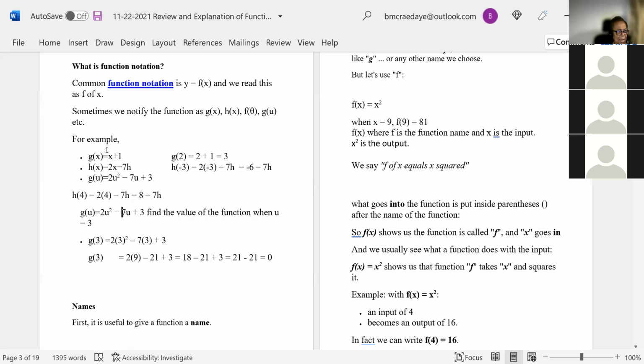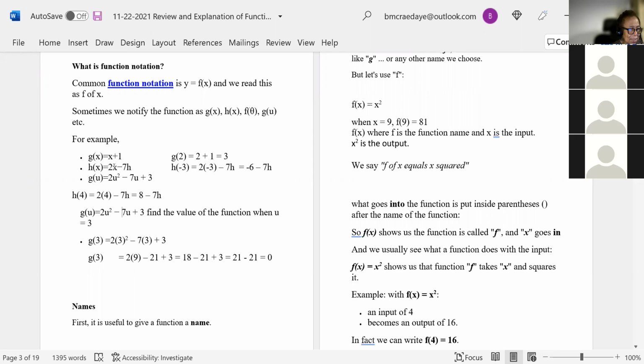Well, this one we have. I had some examples of functions: G of X, H of X, G of U, right? Now, H of X, let's just take this one: h of x when x is -3. So wherever there's an x, there's a -3. So I said h of -3, 2 times x.